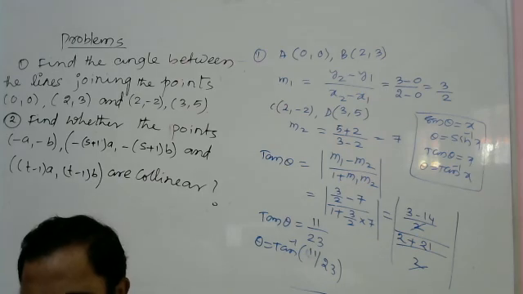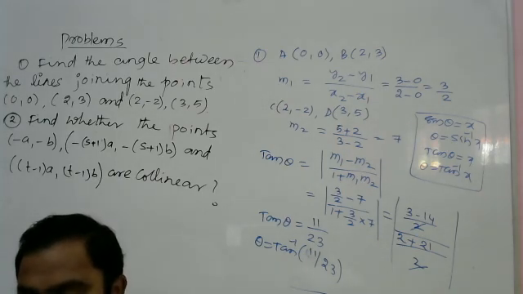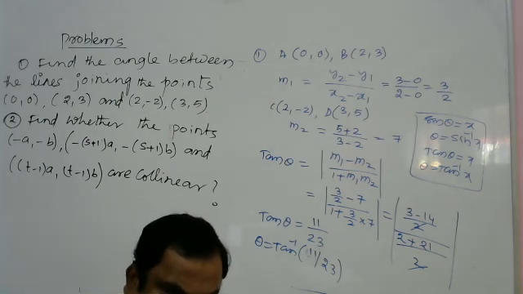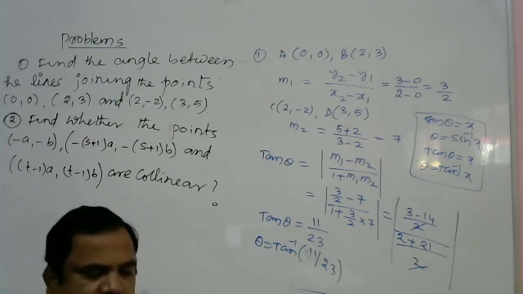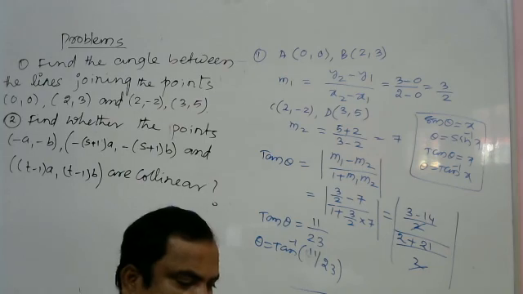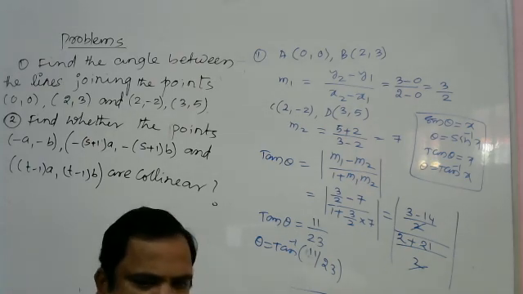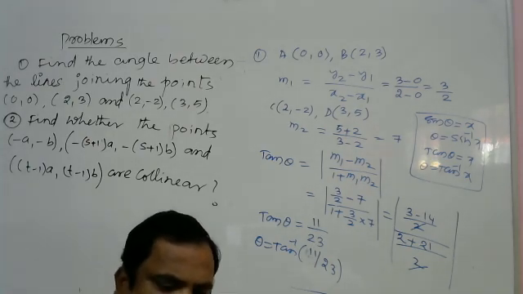Anyone got it? The slope of the first 2 points is y2 minus y1 by x2 minus x1. Anyone got it?